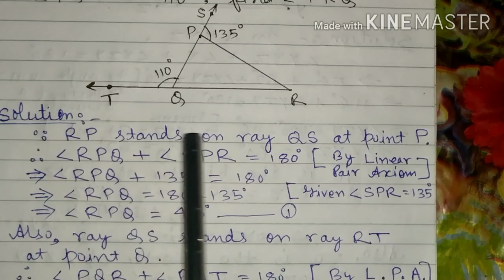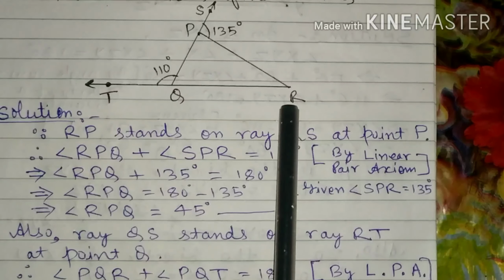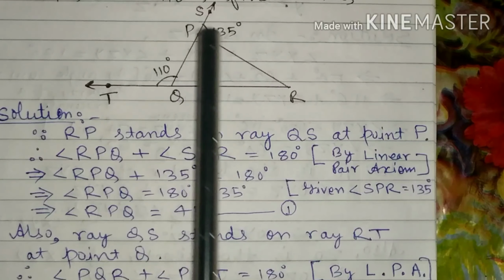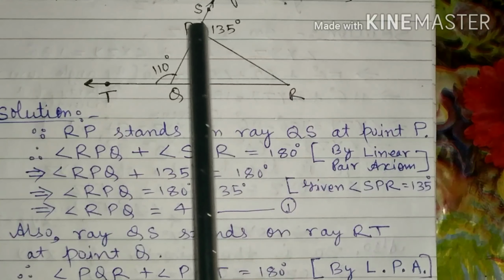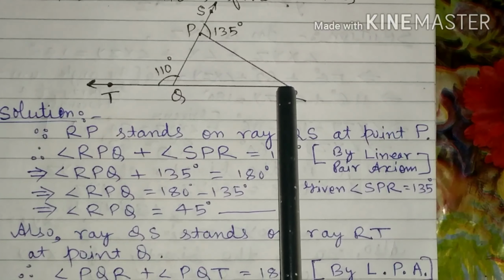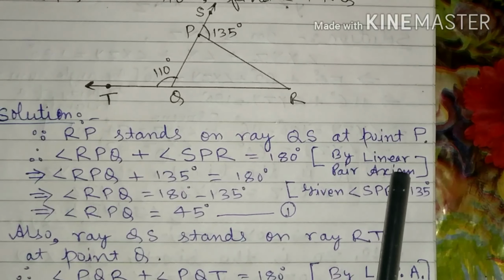For the solution of this question, since RP stands on ray QS, this RP stands on QS at P, therefore angle RPQ plus angle SPR, the sum is 180 degrees by the linear pair axiom.